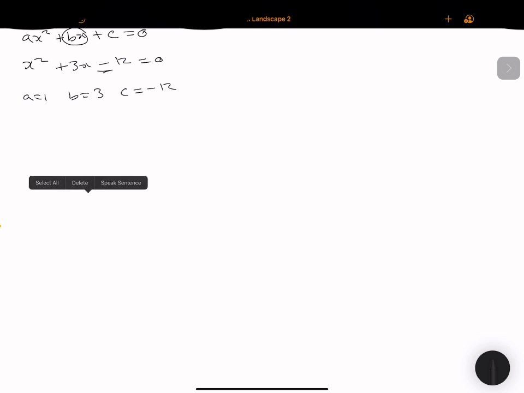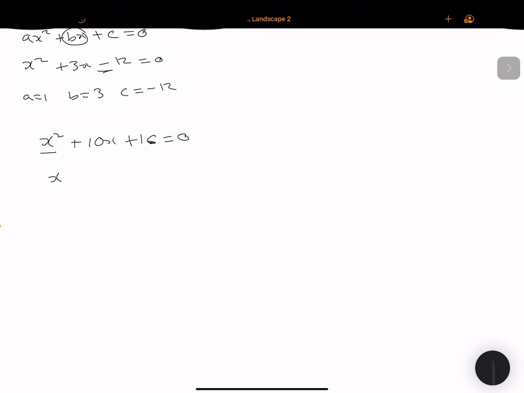Okay, so let's do a basic one. Just trying to think. Plus 16 equals 0. Okay. So, in this instance, we're definitely going to end up with x times x, just 1x times 1x.